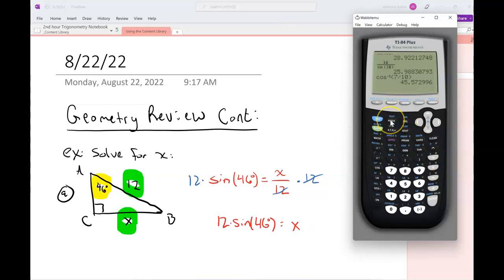Mode. Great. You press the mode button right next to the blue second button, and the third option should be set on degrees. If it's not, just use the arrows on your calculator to move your cursor so that it's on degrees, and then press enter. Those of you that borrowed a calculator from me, you probably have to do that because it was probably in radians. Good. Okay.